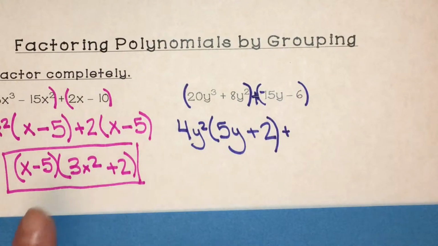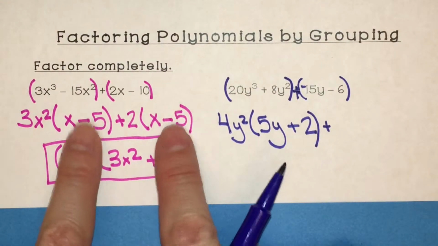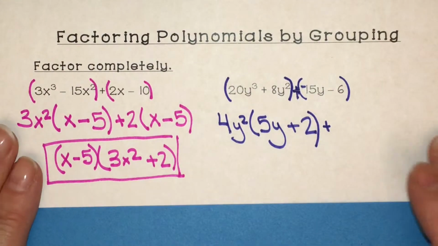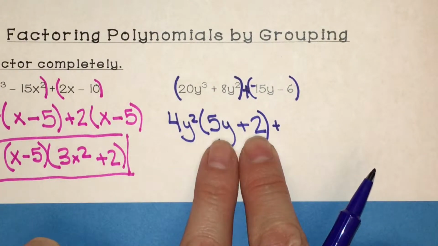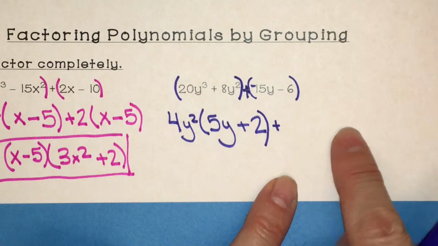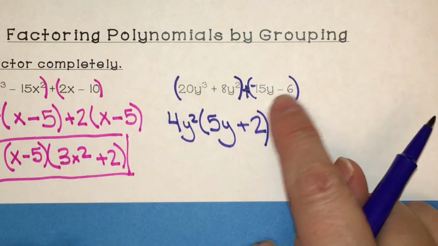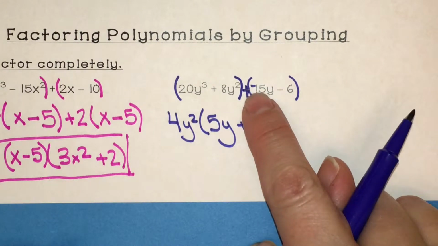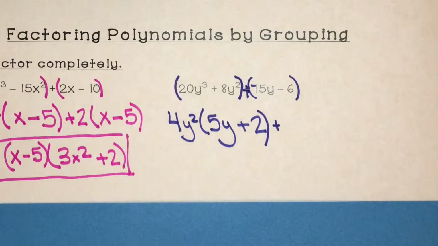All right, remember over here on this first one, I wanted what was in the parentheses to be the same. Okay, they're both positive. I have a 5y plus 2, and I want what's left over to be positive 5y plus 2. But I see that I have two negatives, or a negative and a minus. So I know I want to factor out something negative.